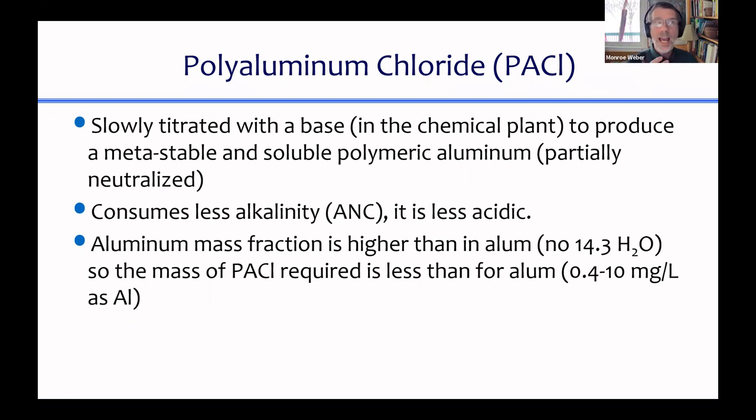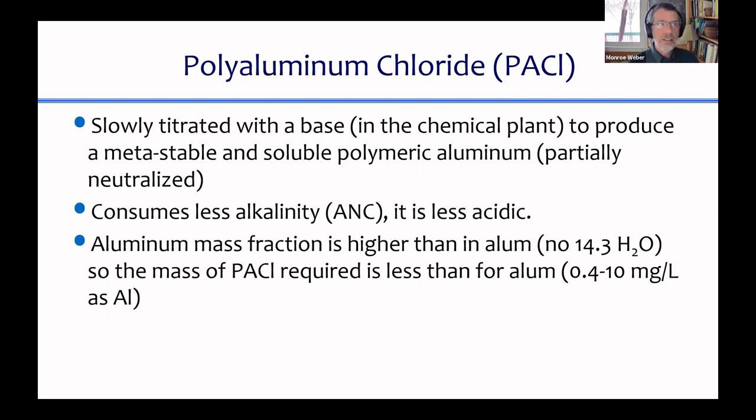And that means that when you add PAC to water, it doesn't cause the pH to drop as much. Or you can use more of it before you would run into trouble with having the pH drop and it failing to precipitate. So it's less acidic, and almost all of the water treatment plants that we're working with in Honduras have switched to PAC, and many of the water treatment plants in the United States have switched to PAC as well.